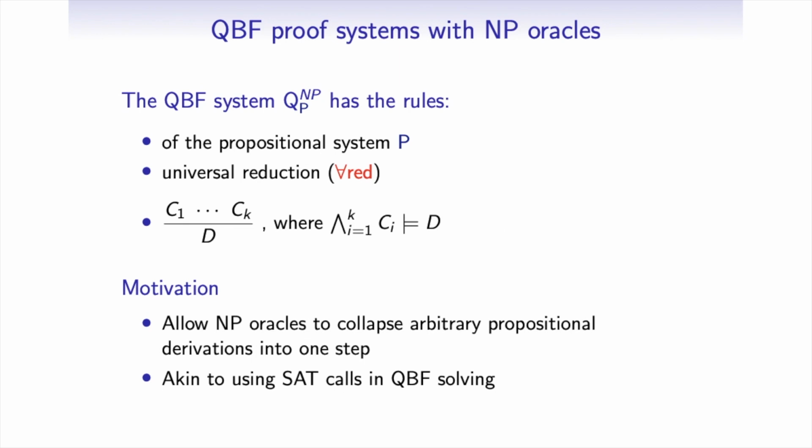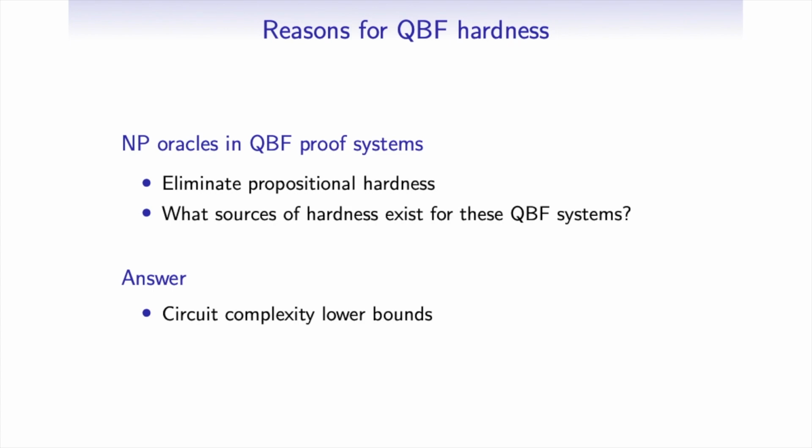So you can see that this naturally removes the propositional hardness from the system you're dealing with. So that's the idea. You have these oracles which eliminate the hardness, and then the question is, what sources of hardness remain after you've gotten rid of the propositional one? What's left? And the answer, which is what we're going to be talking about today, is that what's left are circuit complexity lower bounds.